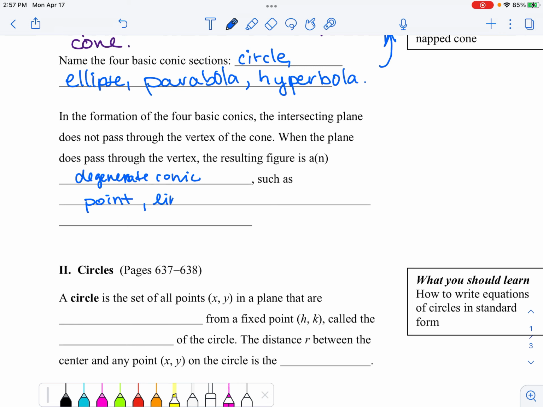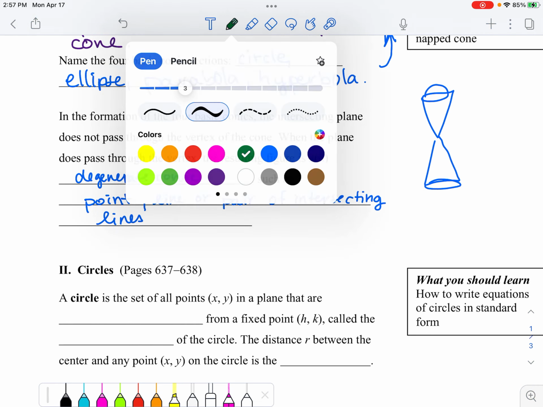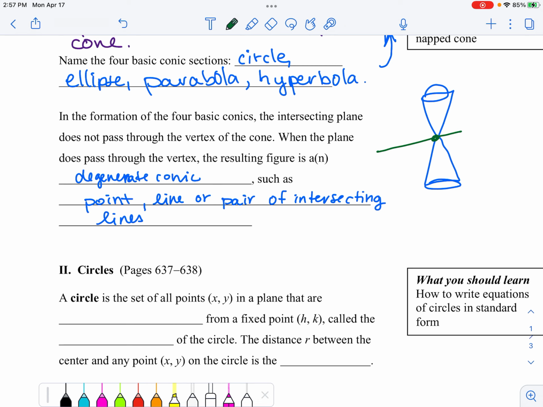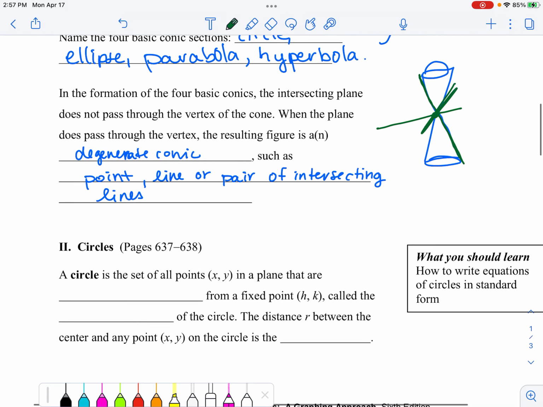It could be a line or a pair of intersecting lines. So again, if I had two cones and I were to cut them through here, I would have a point. I could have a line like on those cones, or I could have a pair of intersecting lines.